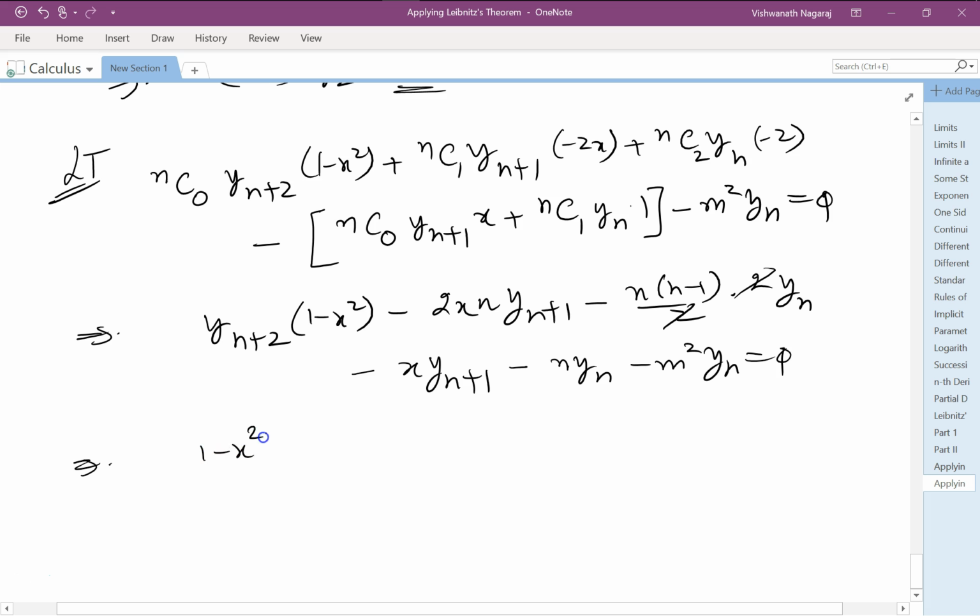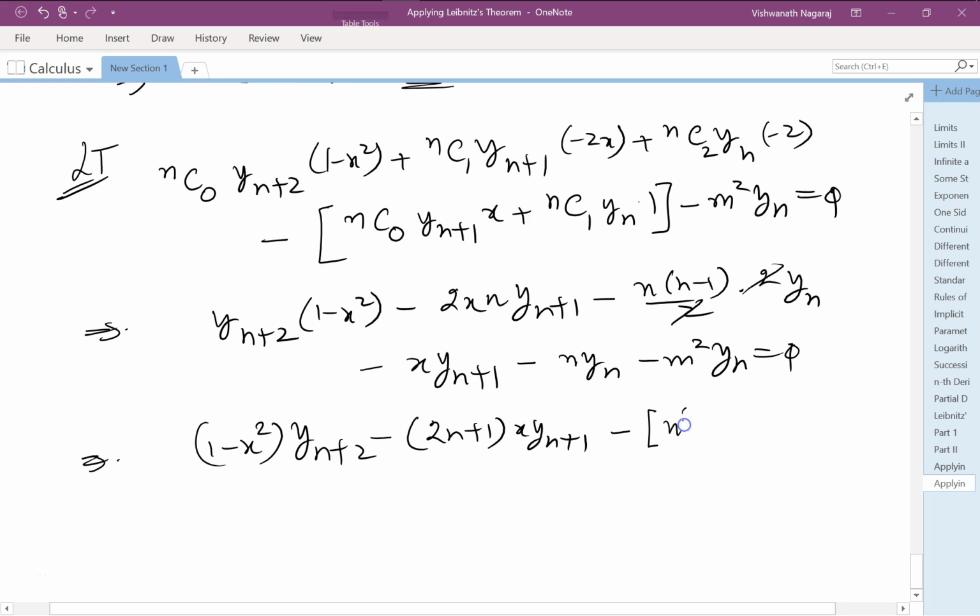So 1 minus x square yn plus 2, let's take minus out, x yn plus 1 is common, so 2n plus 1 x yn plus 1. Now here, n square plus n minus n plus m square yn equal to 0.